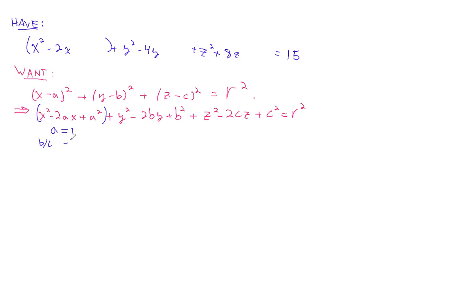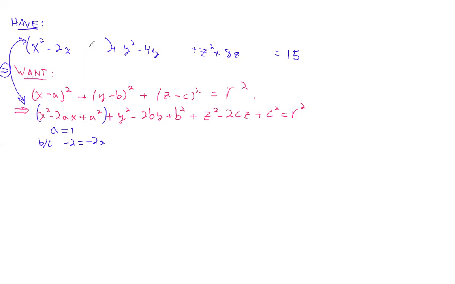Well, that's because we need -2 to be equal to -2a, right? That's coming from the x terms. These things have to be the same, right? The whole point is that these two equations have to be equal to each other. So x squared minus 2x, x squared minus 2ax, a is 1.